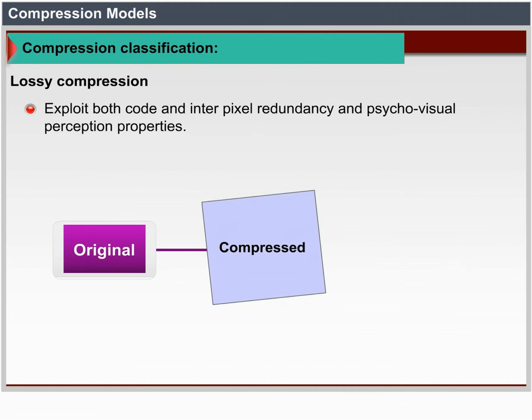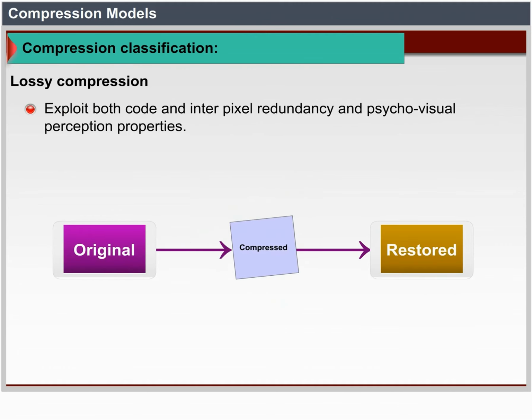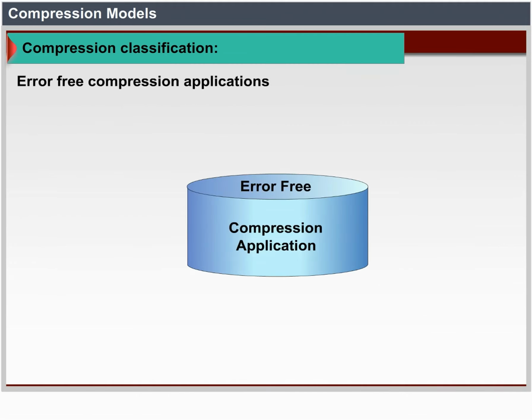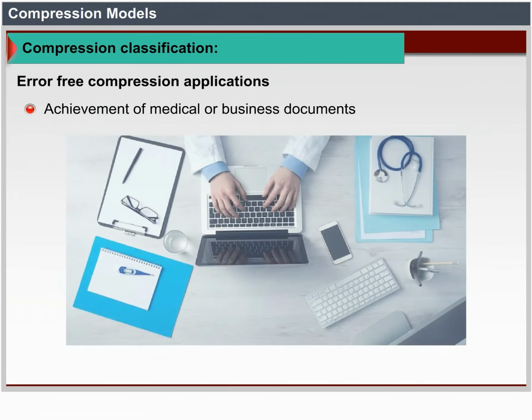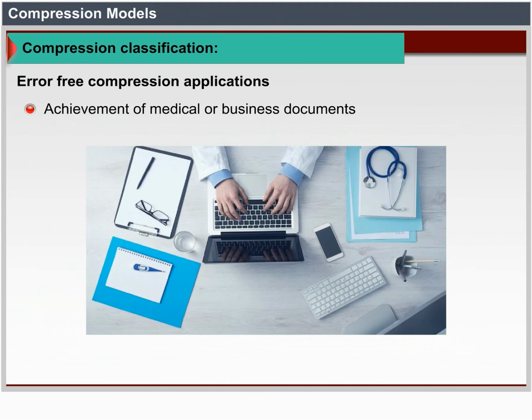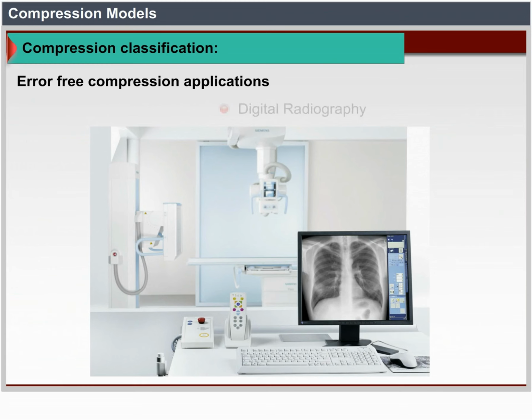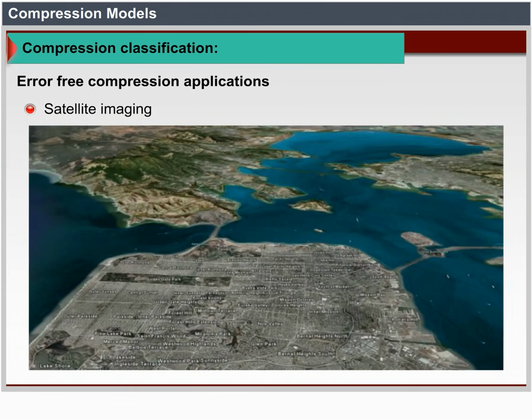It exploits both code and interpixel redundancy and also psychovisual perception properties. Error-free compression applications: archive of medical or business documents, digital radiography, satellite imaging.